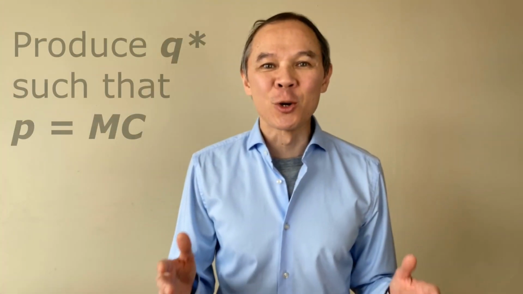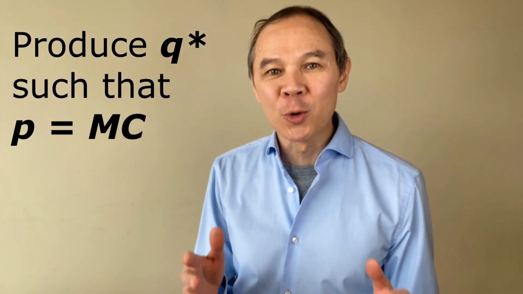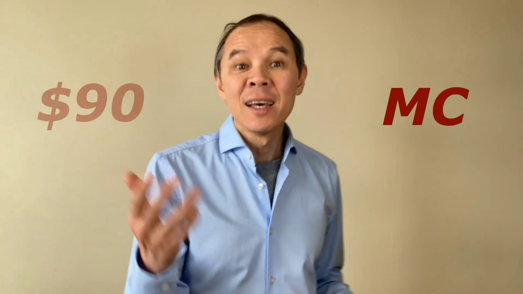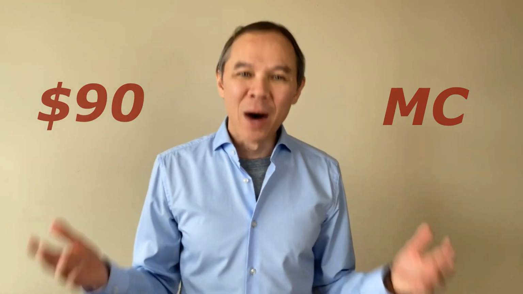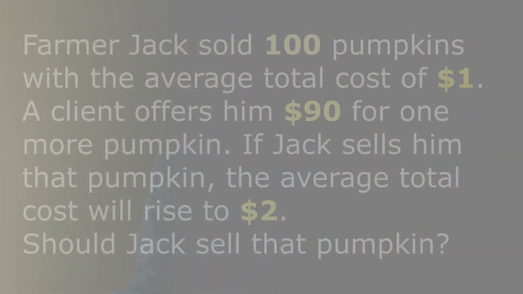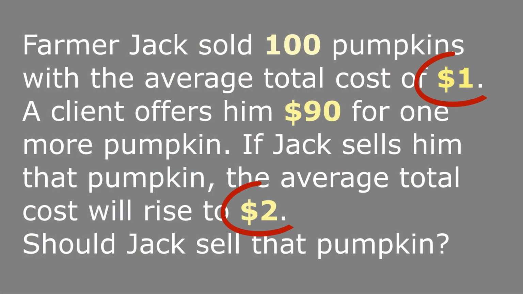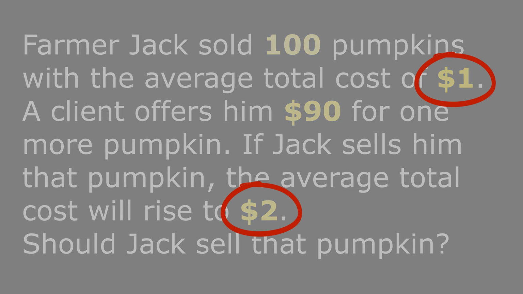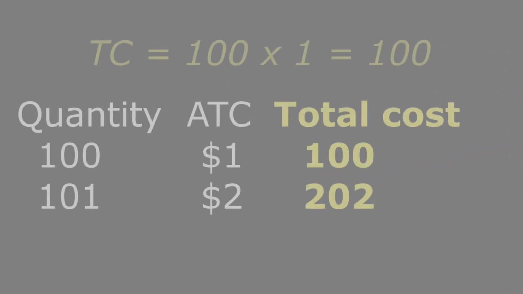Wrong. We are gifted economists and we know the profit maximization rule, and according to this rule we must compare the price and marginal cost. We know the price is $90, so we need to calculate marginal cost. The question gives you two average total costs, which means that we can calculate total costs: 100 and 202.